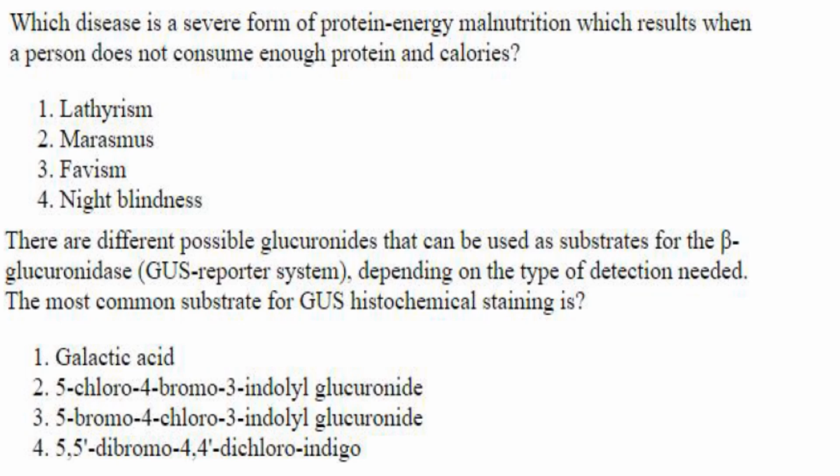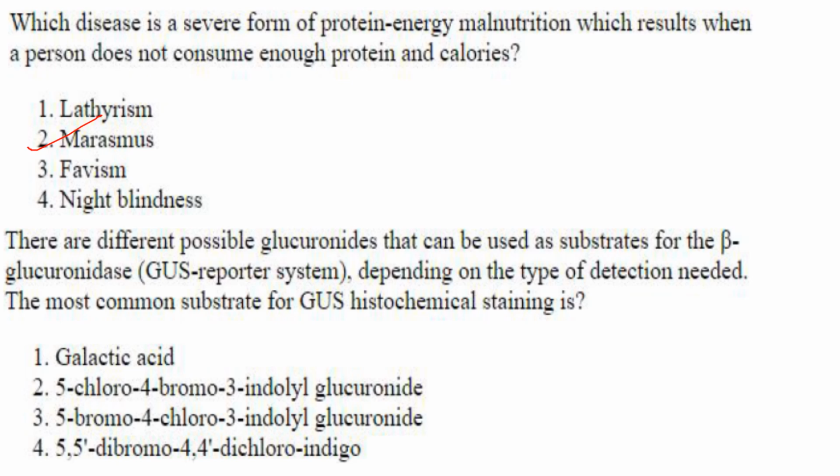Then next one. Which disease is a severe form of protein energy malnutrition which results when a person does not consume enough protein and calories? So it is marasmus. That is the answer. Lathyrism is a neurological disorder caused by eating Lathyrus sativus.